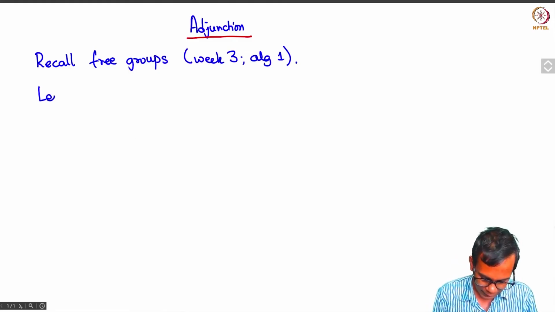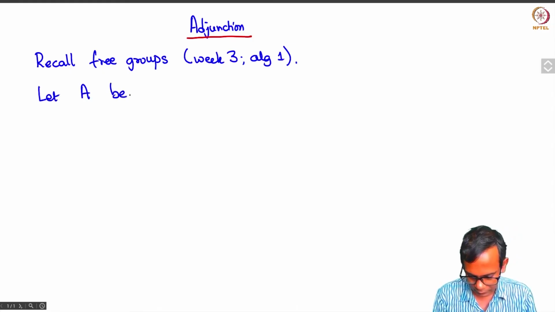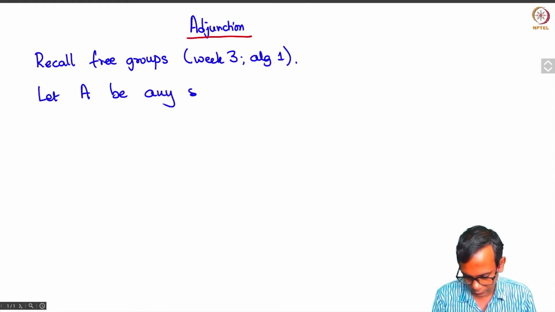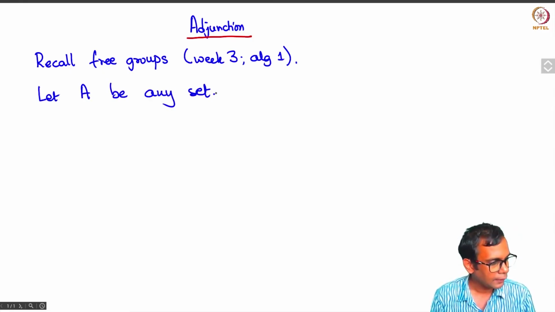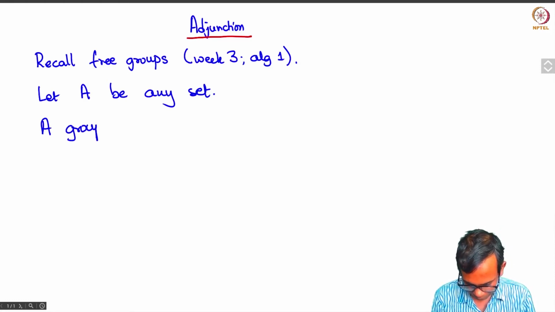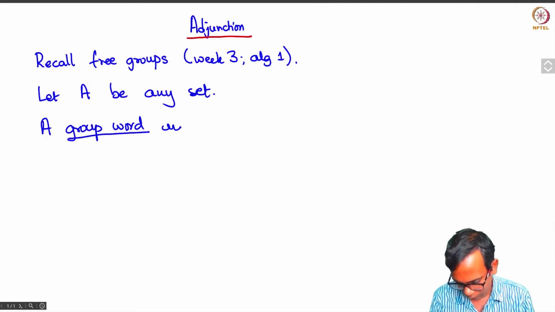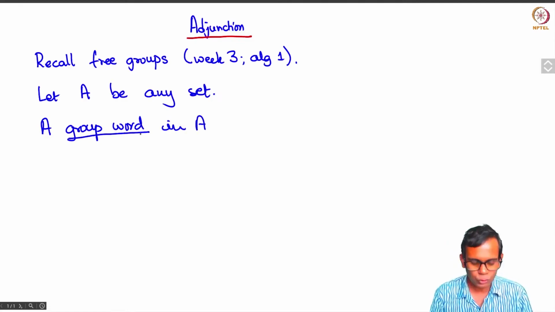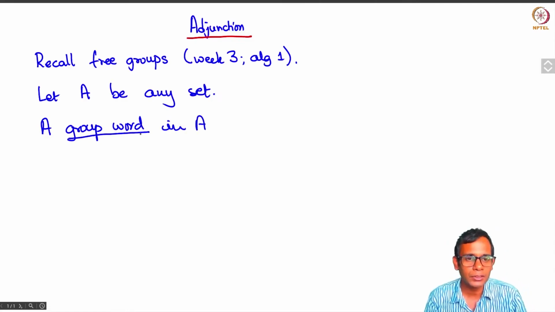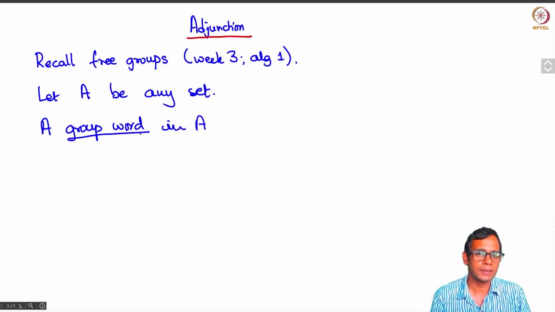And how it works is this. So let A be any set and a group word in A. I'm using the phrase group word because if I just use words, I'll get what is called the free monoid, but I want to construct the free group.